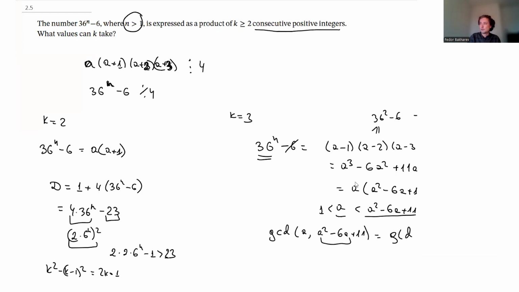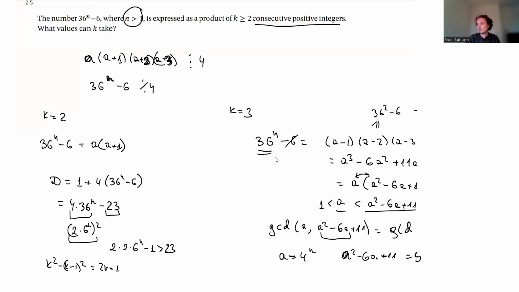These two numbers have no common divisors. And since they are both bigger than 1 and have this inequality between them, we have the only possibility that a is 4 to the power n, and a squared minus 6a plus 11 should be 9 to the power n. So this is the only representation as a product of two coprime numbers.